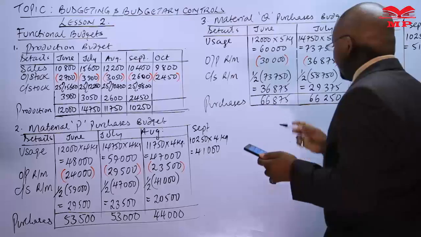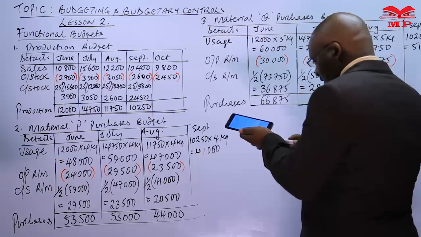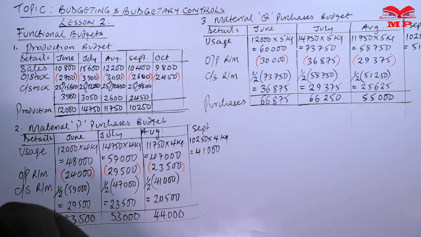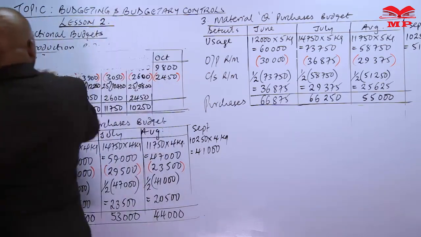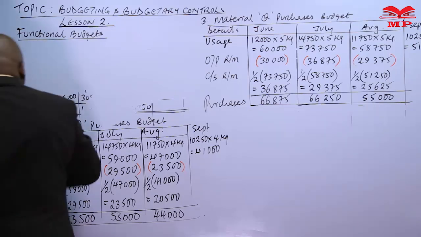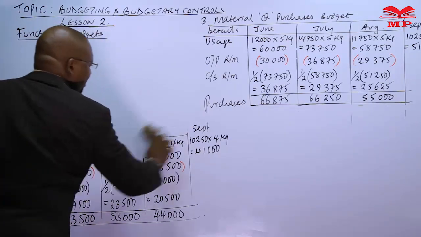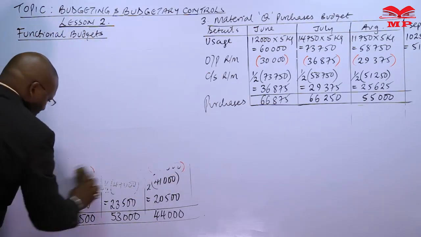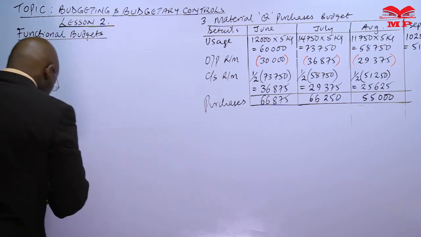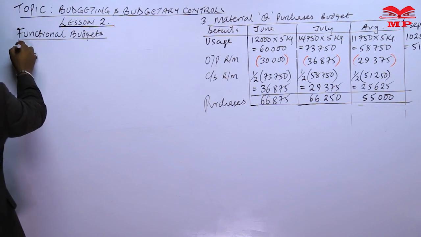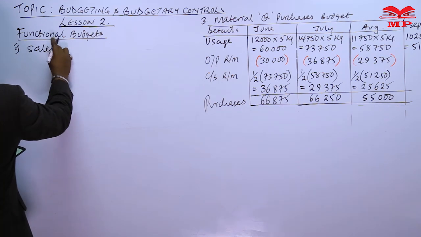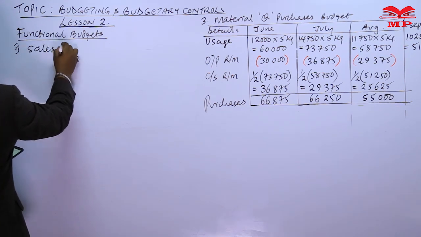Now we require to show, so let's just begin here. We begin with the sales budget up to the purchases budget. So this is number 1. Roman 1 is the sales budget.